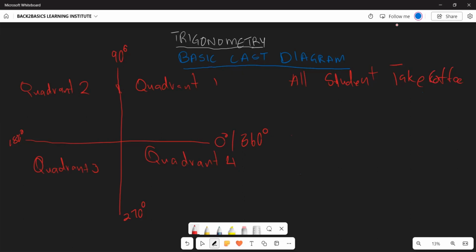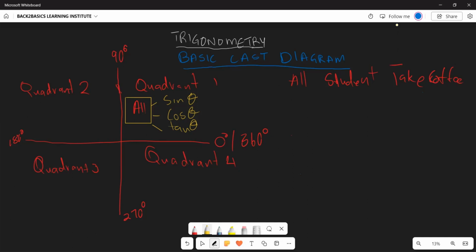This is C. So in quadrant number one, A represents "all", which means that in quadrant number one your sine of theta is going to be positive, your cos of theta is going to be positive, and your tan of theta is going to be positive, right? So all the ratios are positive within this first quadrant, right?